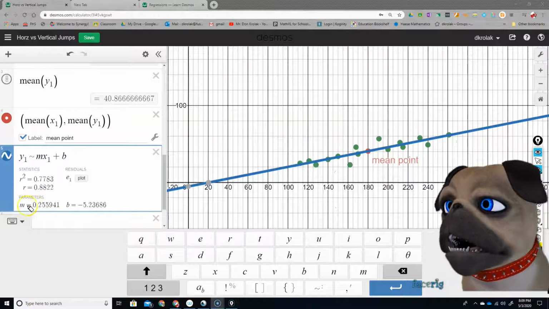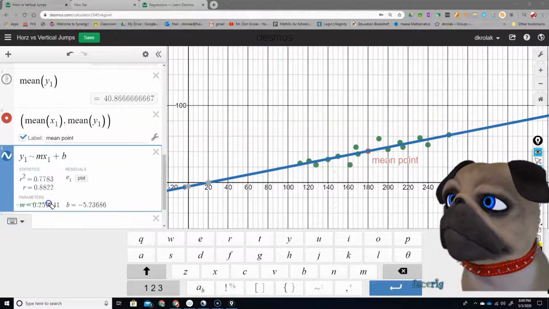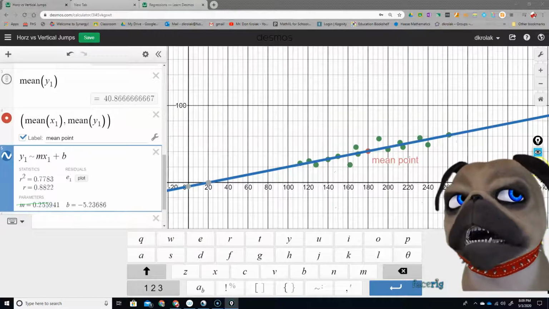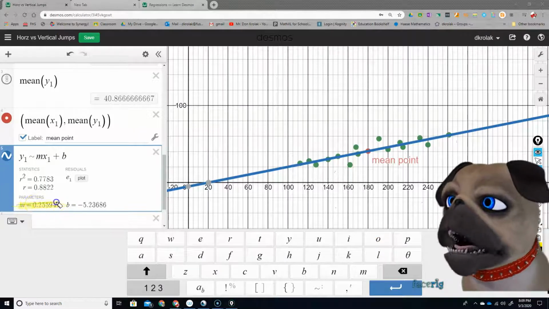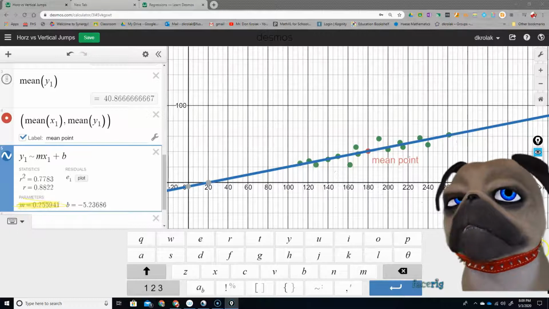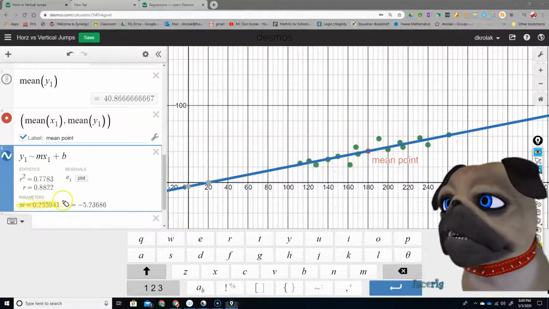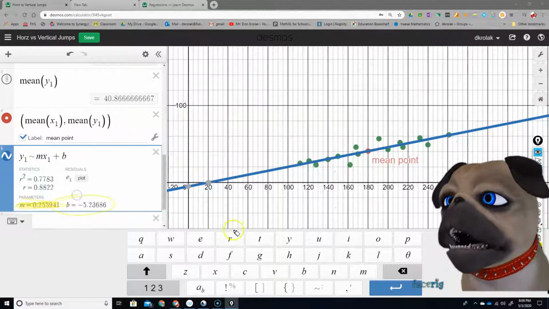So here's your slope. Let's highlight that. Slope right there, and then the y-intercept b is right next to it.